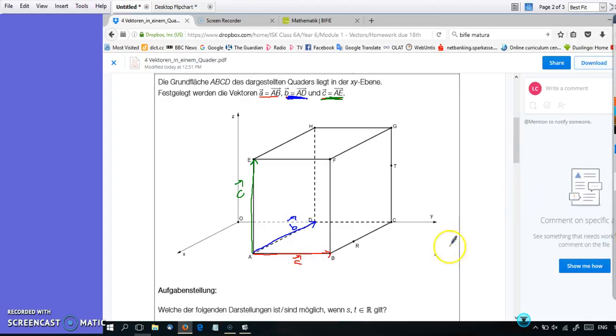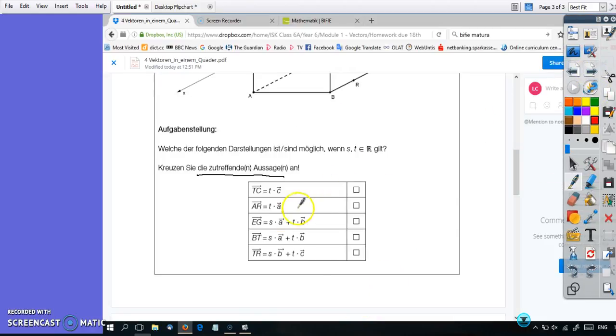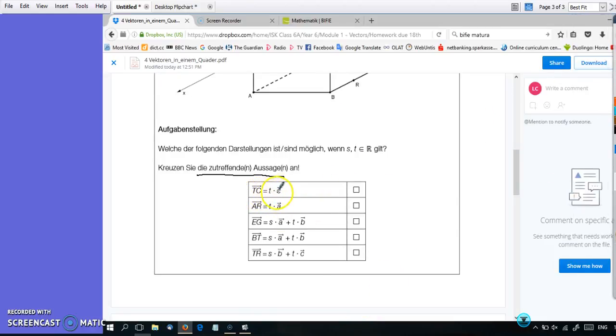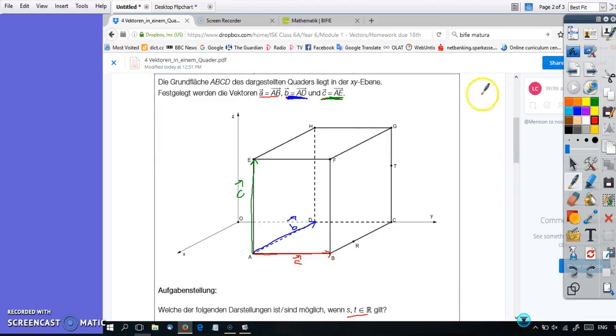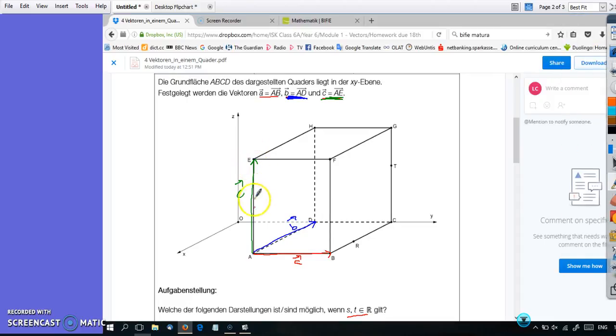Okay, so which of the following representations are possible when s and t are real numbers, so when s and t are scalars? The first one, T to C is some scalar times c. So the vector c goes here.